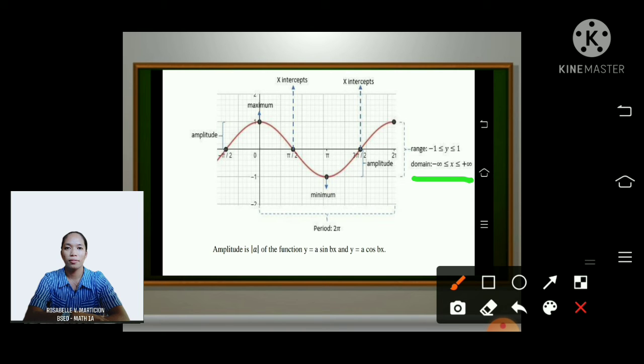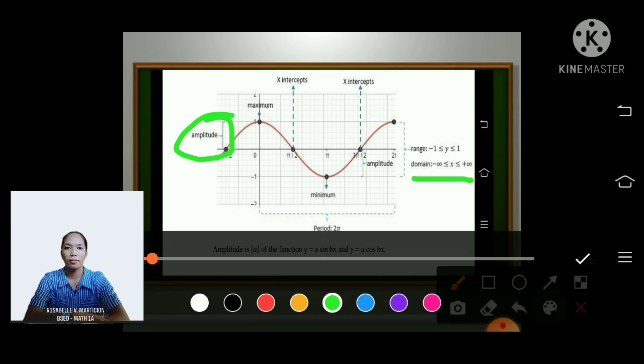So again, the amplitude of the given function y equals cos x is 1. The maximum point of this graph is positive 1.